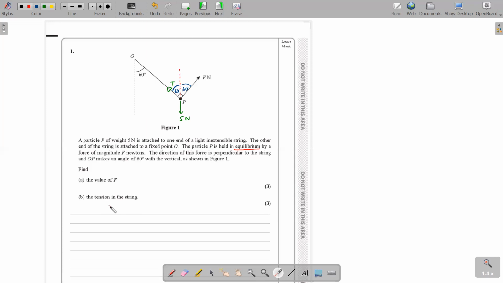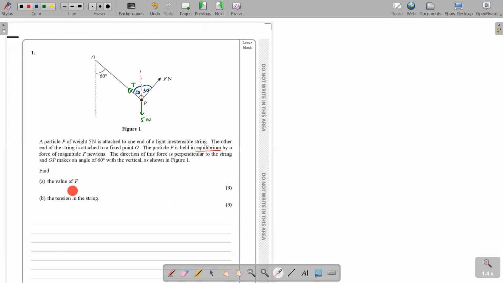That means you cannot find the tension first and use the tension answer to find F. So you have to find some way to find the force F. What technique should we use? Should I use vertical equilibrium or horizontal equilibrium? How do we work here?